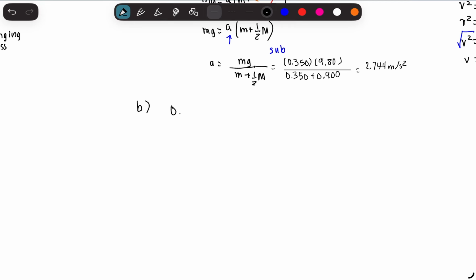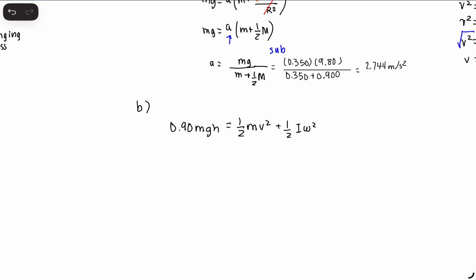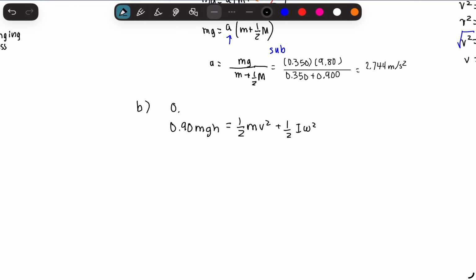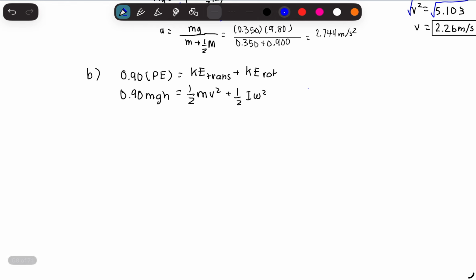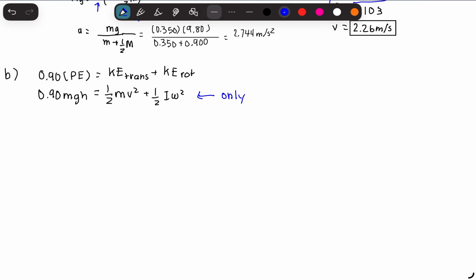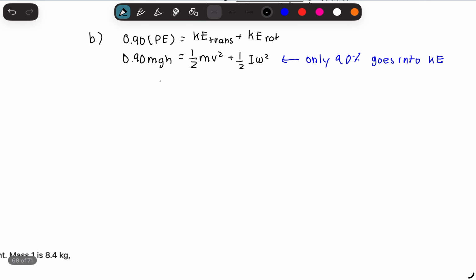So, we can represent this as this. So we know that since omega is equal to V over R, we can substitute that in here.